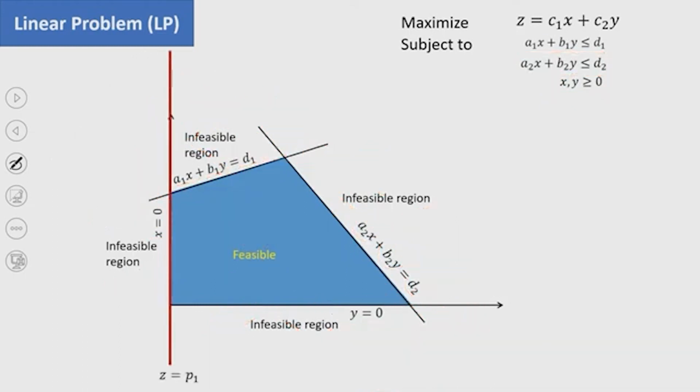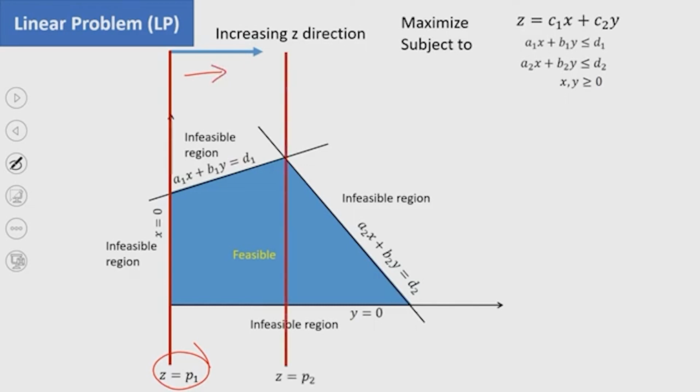Then similarly, if my z is something like this, this is z = p1, and this is the increasing direction in this case. I may have one solution here, and maybe this is the best solution in this case, and if I increase this value, it will be in the infeasible region.